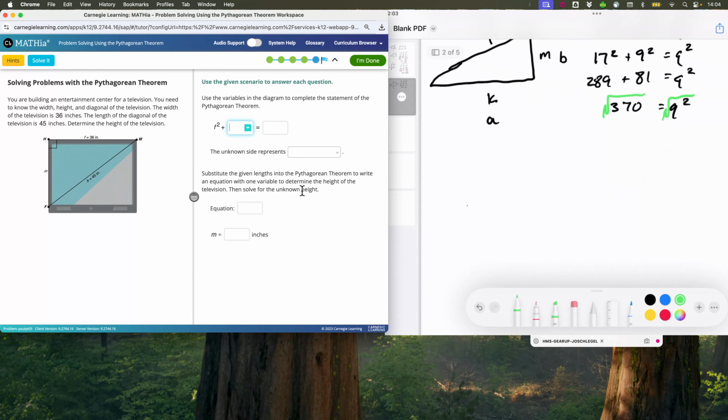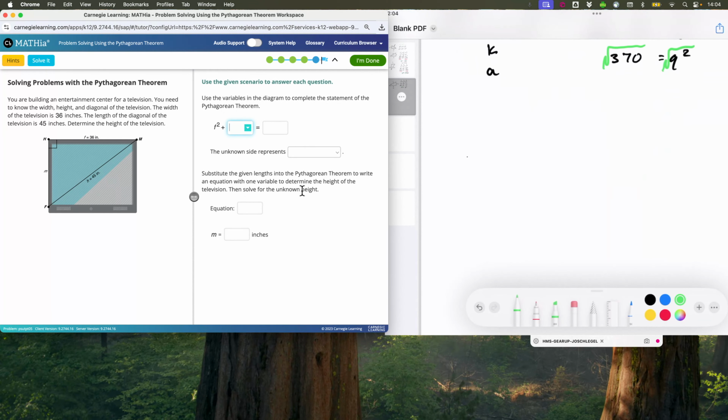Last one, thank goodness. So we've got this triangle over here. We've got F, we've got M, we've got H. And so F squared plus something is equal to something.